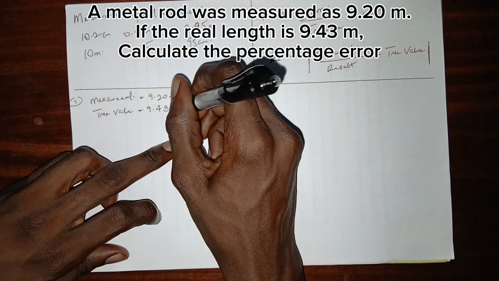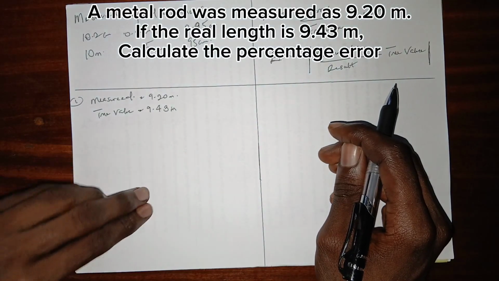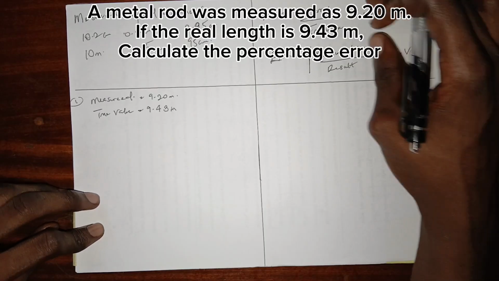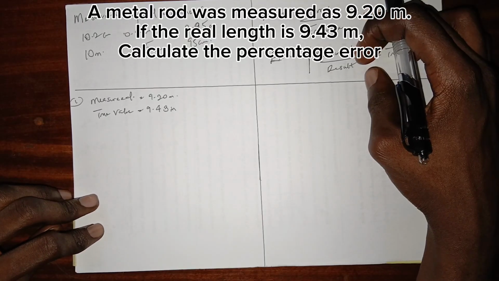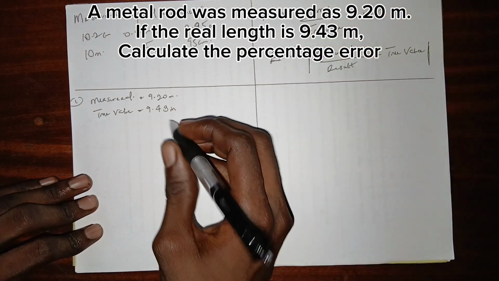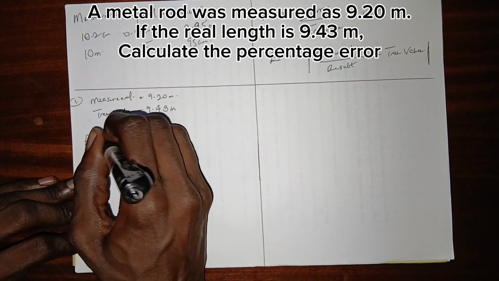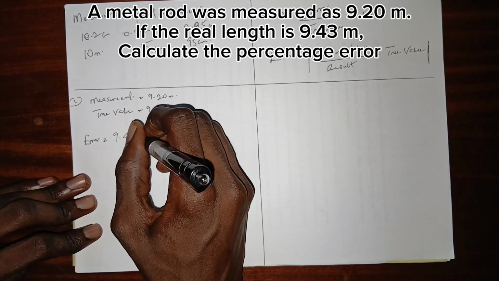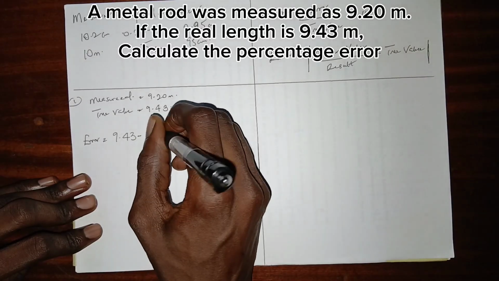The units are necessary as well. To use this formula, we need to calculate our error. So our error in this instance will be 9.43 minus 9.2.